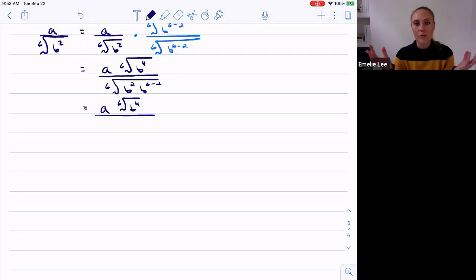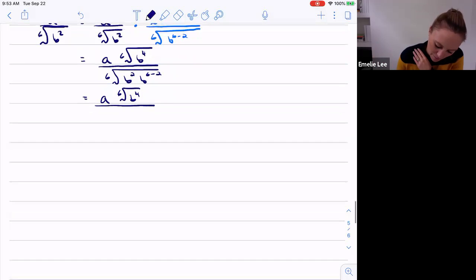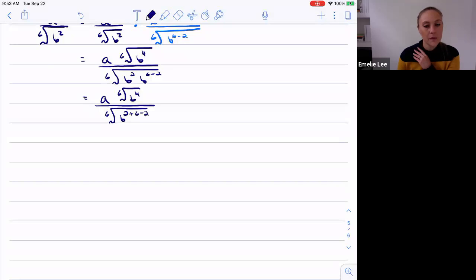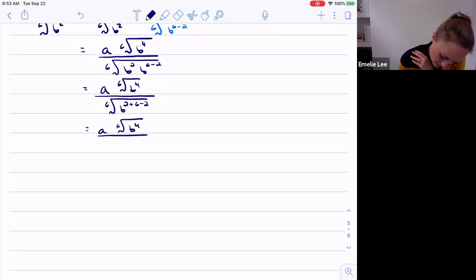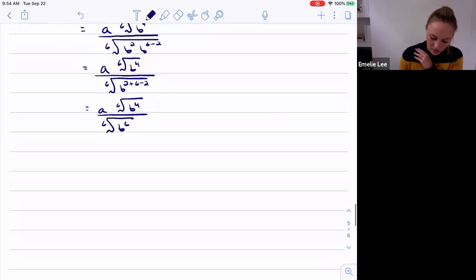If it makes the numerator look nice, that's fine, but it's not a must. So then I have the 6th root of b to the power of 2 plus 6 minus 2, putting me at a times the 6th root of b to the 4th over the 6th root of b to the 6th.